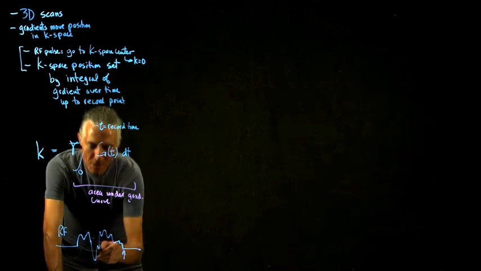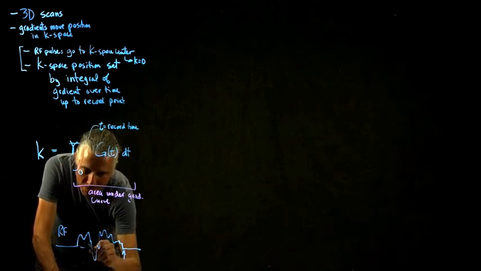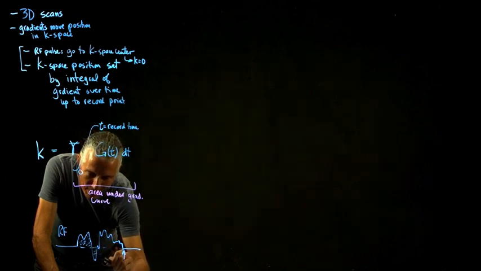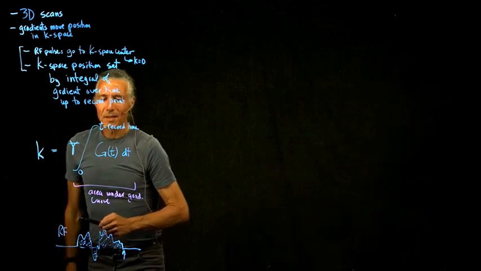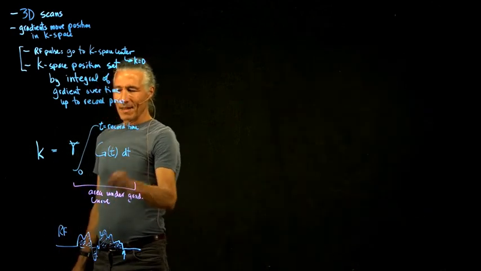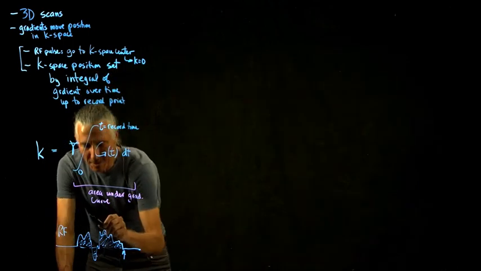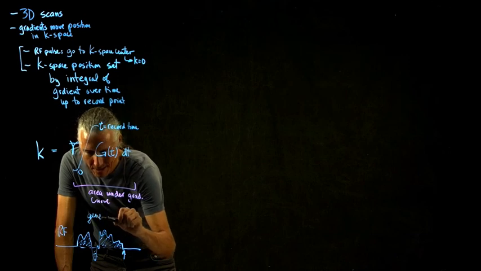This equation would say, figure out that area, subtract that area off, then figure out this area, add them all up, and whatever you get tells you where you are in K-space. So this equation would work in this general case.